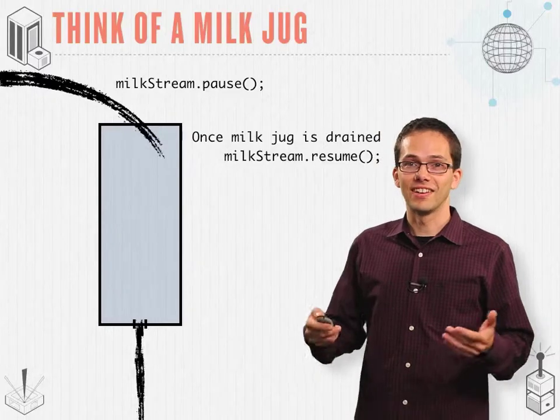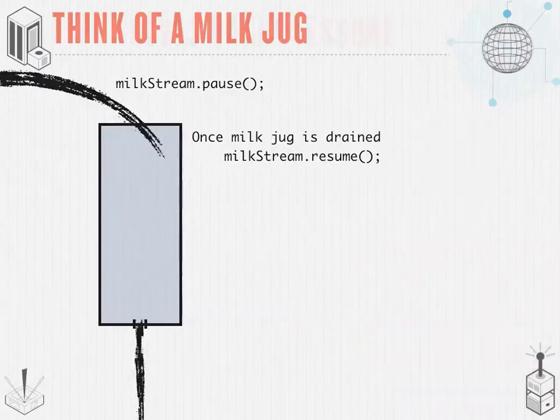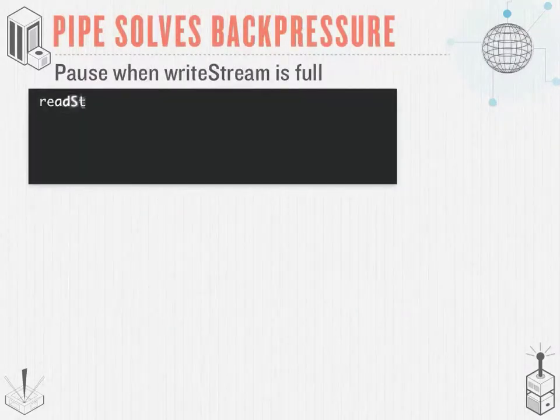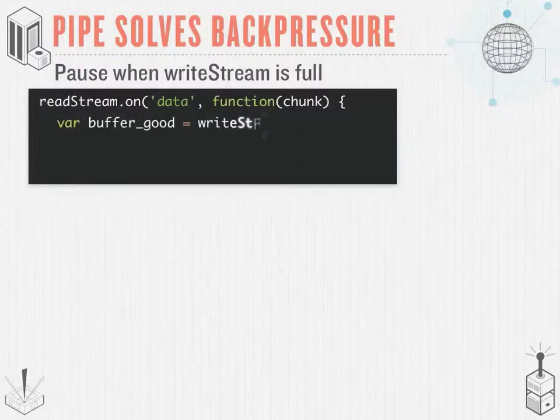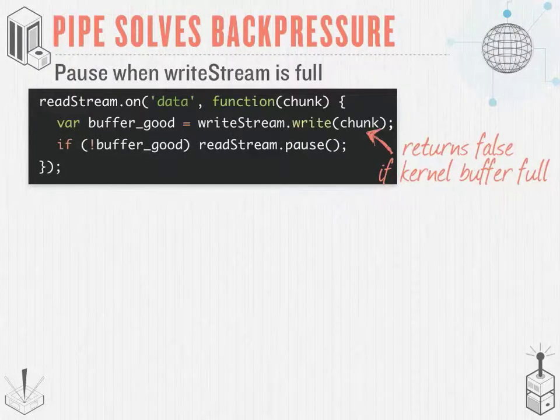Okay. Now, let's figure out how we can do this with some Node code. So how might we pause when the write stream is full? Well, if we're reading the data chunk by chunk, when we call write on the write stream, write is going to return false if our kernel buffer is full. We can then check that, and if the buffer is not good, let's go ahead and pause the read stream.